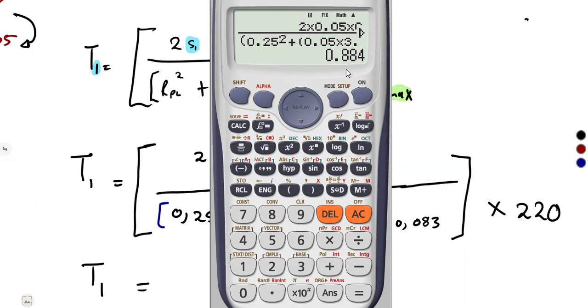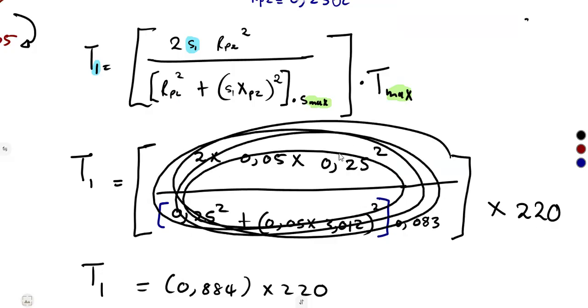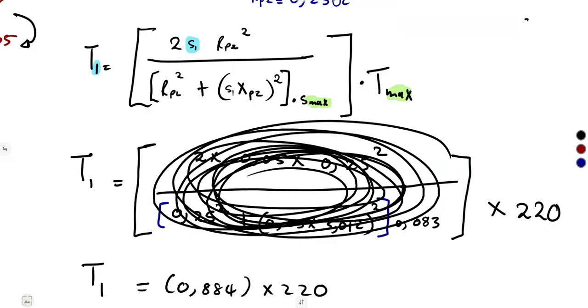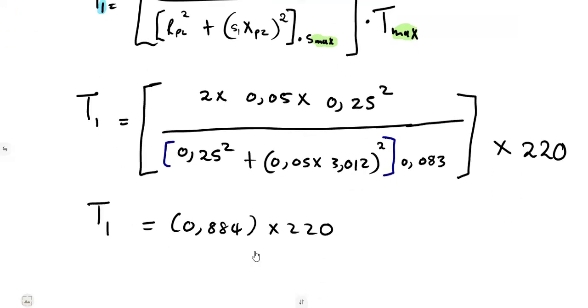Like I said, my calculator is fixed to 3 decimal places, so you're going to have 0.884, times the 220 that follows. Remember, it is best to simplify that part, then whatever you get, you multiply by this, or you can just multiply on your calculator.